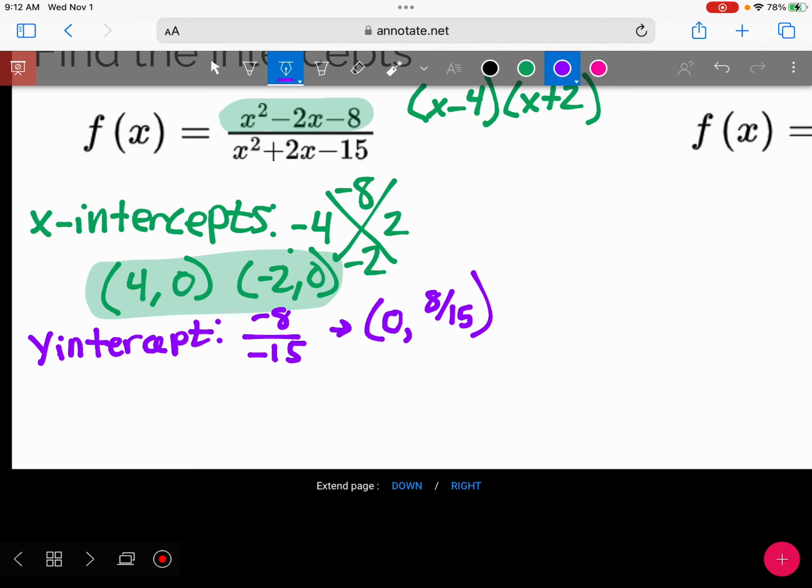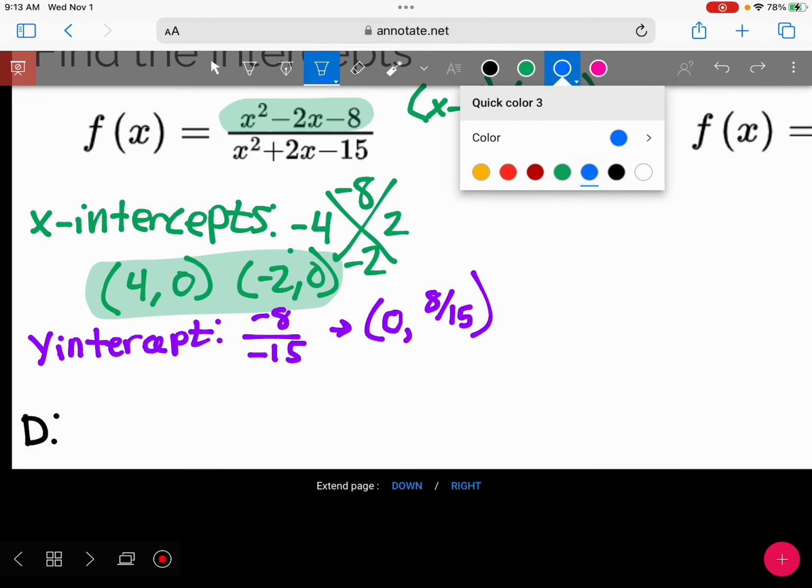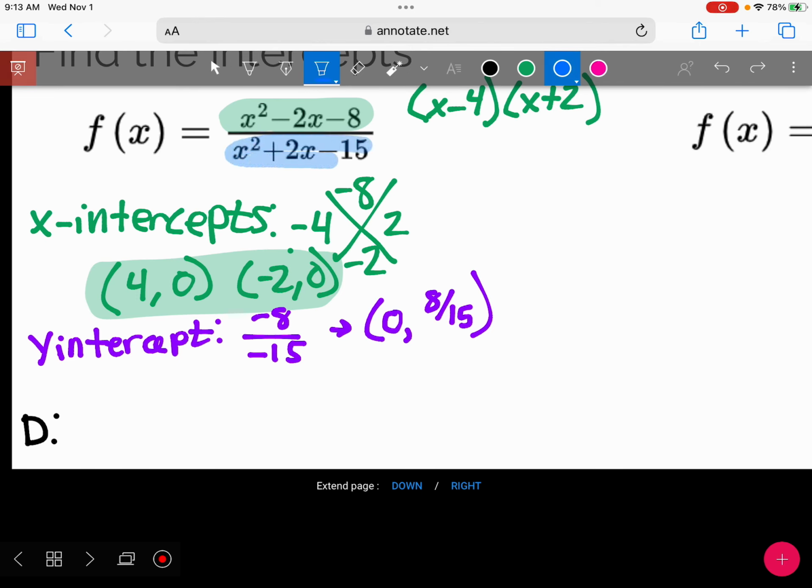While we're here, let's also do our domain, just to keep practicing all the things. We're just going to add a piece on. So to find our domain, we have to figure out our denominator's zeros. So we got to factor this guy too. I'm going to do that one in blue over here.